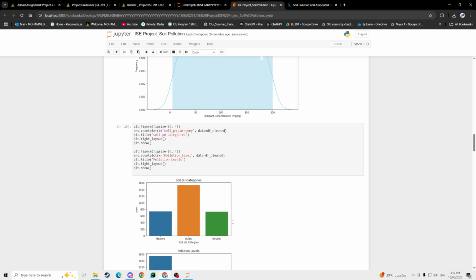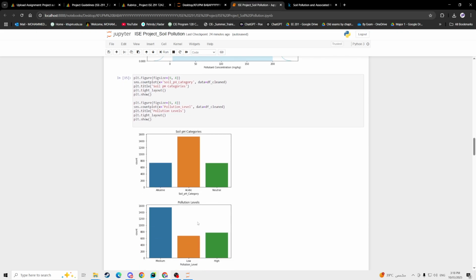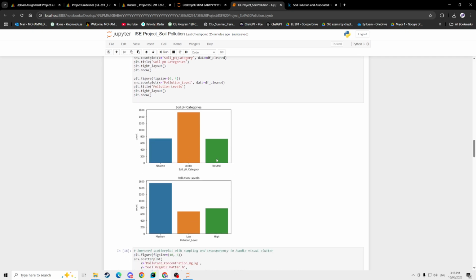Moving on, we can see two bar plots. These are bar plots of the soil pH and pollution levels. As you can see, the most common category of pH is the acidic type in this dataset, with the alkaline and neutral being somewhat equal at around 780.